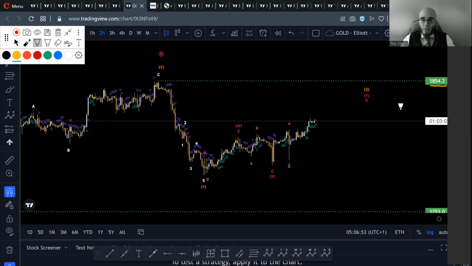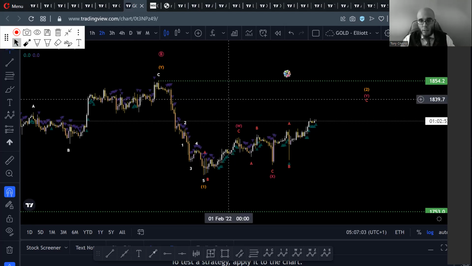I normally wait for Ichimoku to confirm it, because my Elliott wave count could be wrong. But I'm quite confident with that Elliott wave count, and I think it's right.